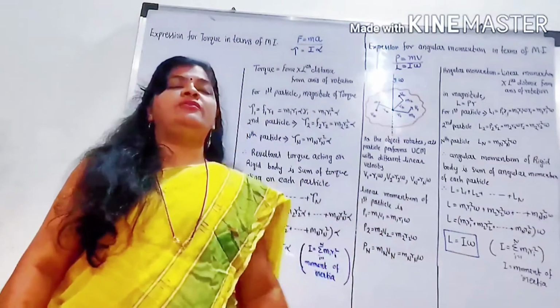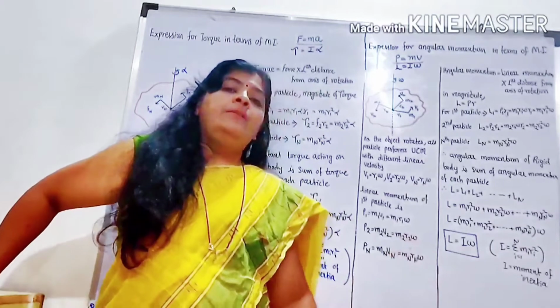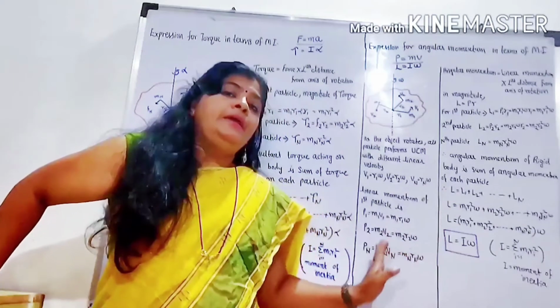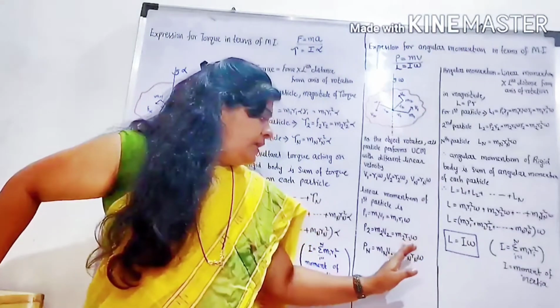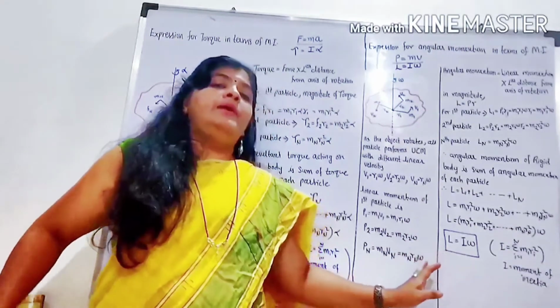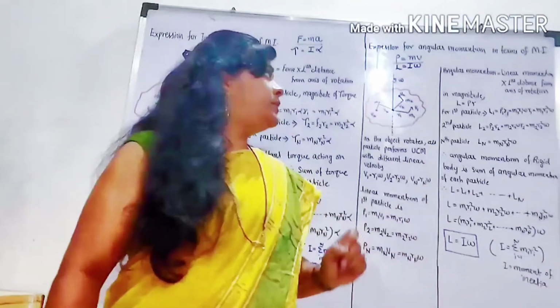Substituting v2 equal to r2 omega, p2 is equal to m2 r2 omega. pn is equal to mn vn, which is equal to mn rn omega. This is the formula for the linear momentum.